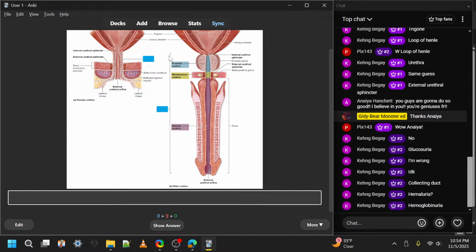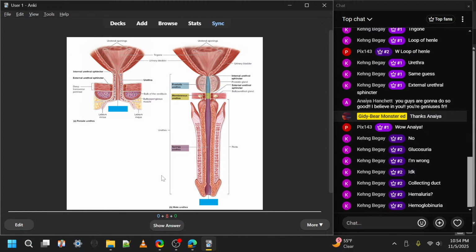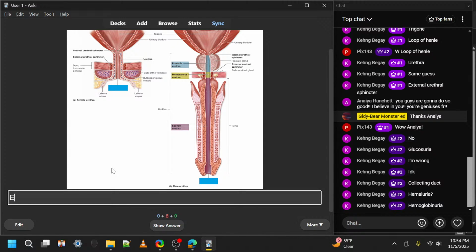Alright, we already did this one. It's just the tube that comes immediately after the urinary bladder, which is the urethra. This is the external urethral orifice.